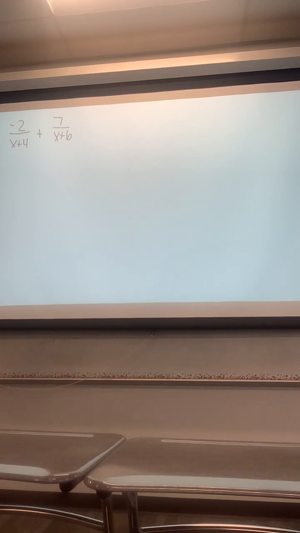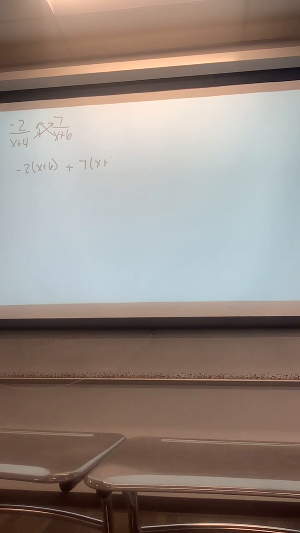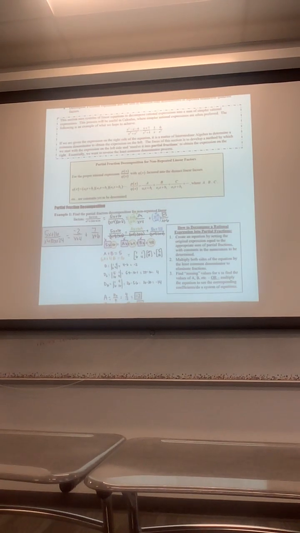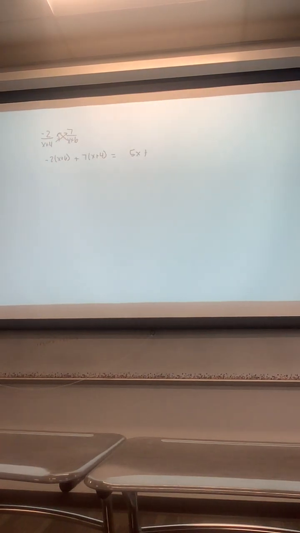Okay, in order to add these, we need a common denominator, right? Or as Sajid said, we could also just cross multiply them. So negative 2 times x plus 6 plus 7 times x plus 4 should equal 5x plus 16. Right?